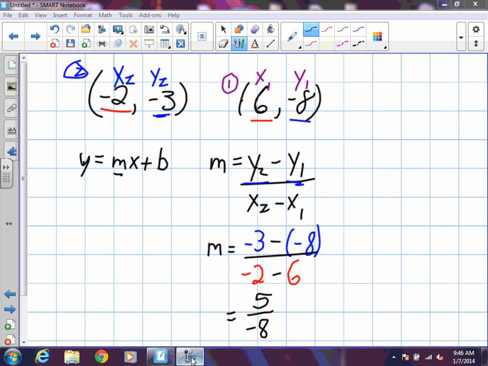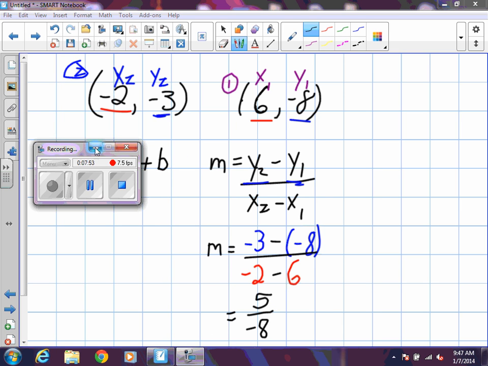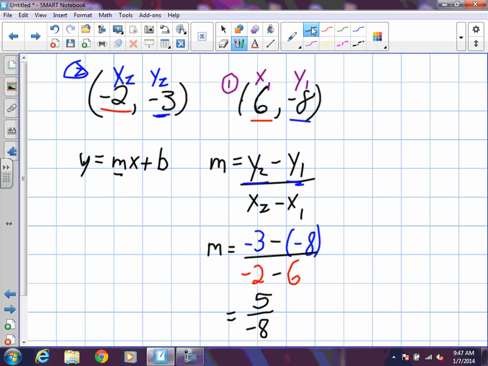So, since that's our slope, we have y is equal to, and our slope in this case is negative 5 over 8 times x plus b.